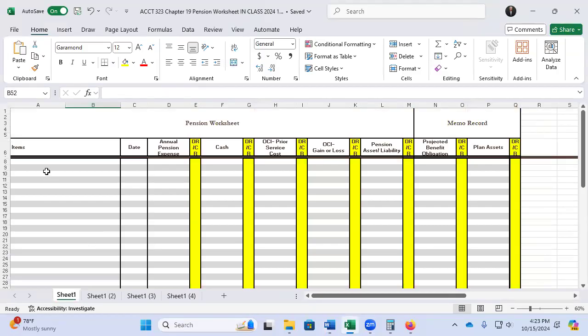I'm going to use the pension worksheet here. You can use the one that's given to you on the sheet there.